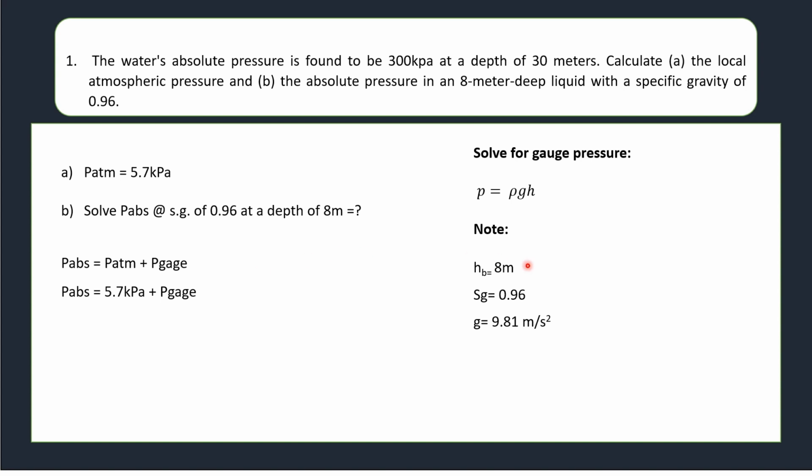Note, we have here a given 8 meters at height B, a specific gravity equal to 0.96, and g is equal to 9.81 meters per square second. But the value for the density is unknown. So we're going to solve for the value of density first.